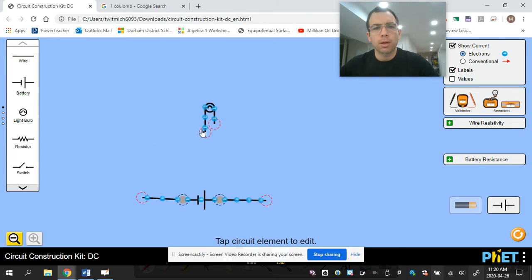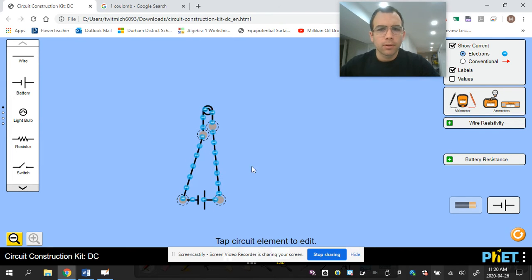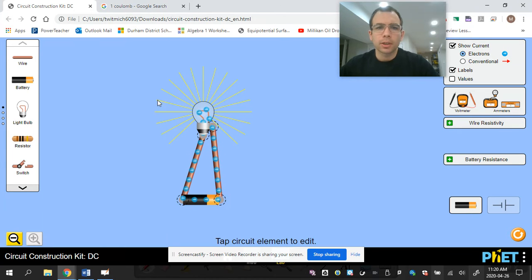So we're going to put a light bulb in here. What I'm going to do is take the wires and join them onto the opposite sides of the light bulb. Now you can see that the electrons are flowing through there. Yes, it is showing electrons moving. Okay, so if I switch this on, you'll actually see the light turning on and the electrons going through there.